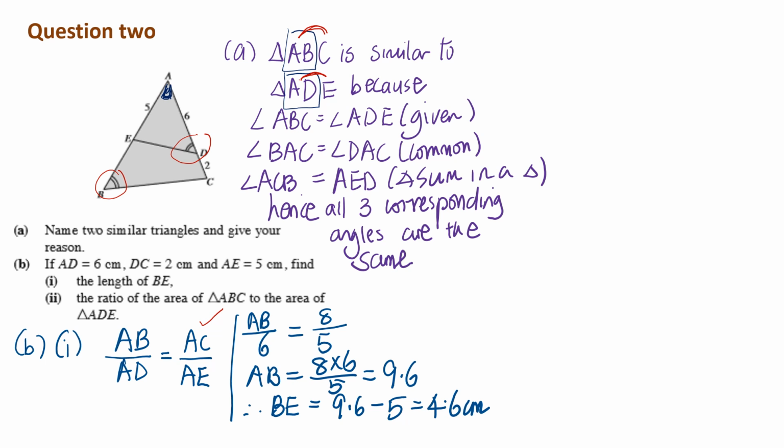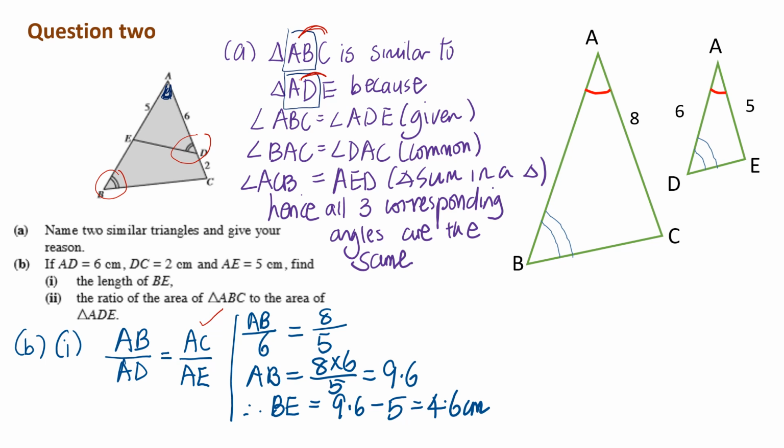For part 2, we are asked to find the ratio of the area of triangle ABC to the area of triangle ADE. Here involves a second concept, area of similar figures. Remember in the earlier slides, to find the ratio of similar figures for the volume, we cube the ratio of the sides. Here to find the area, we square it.